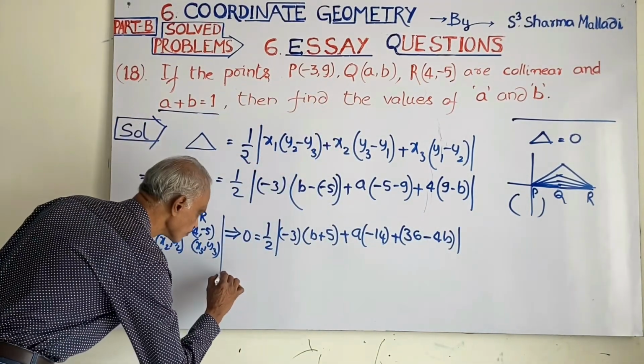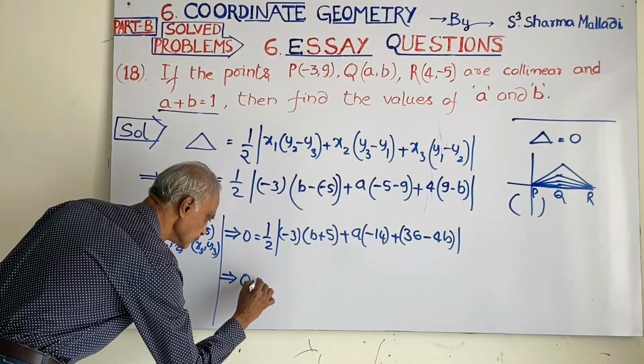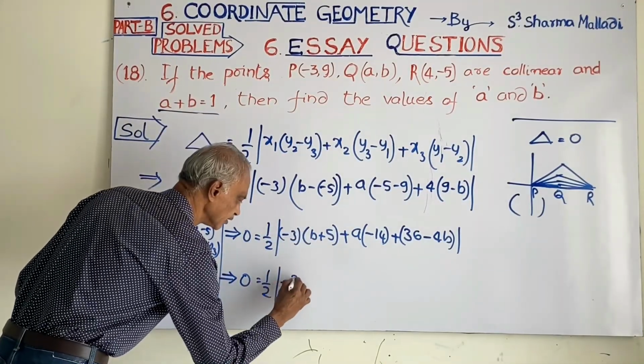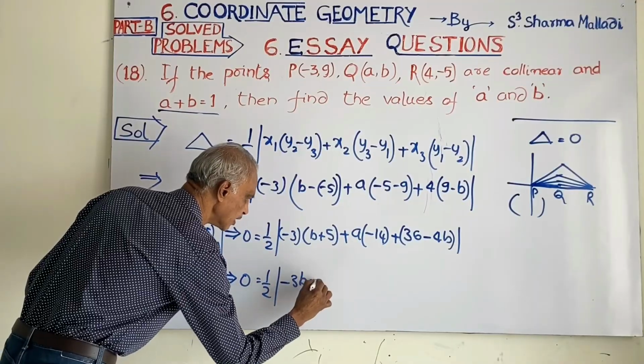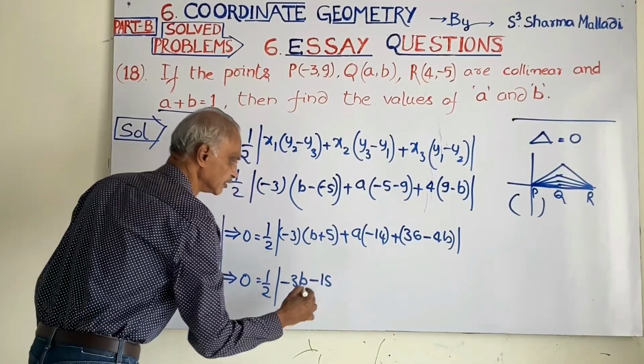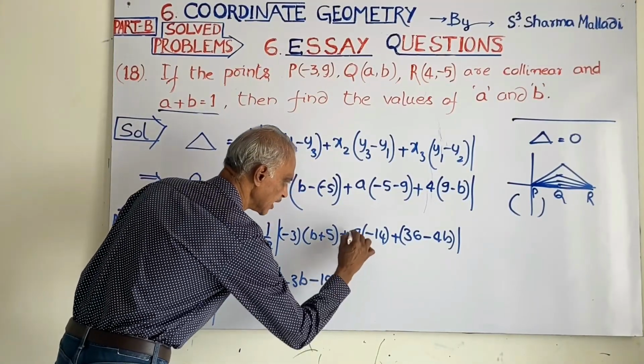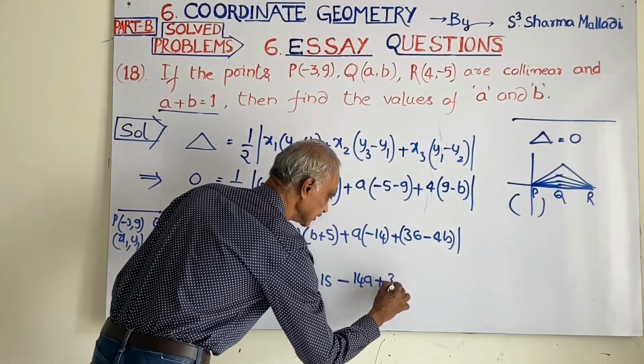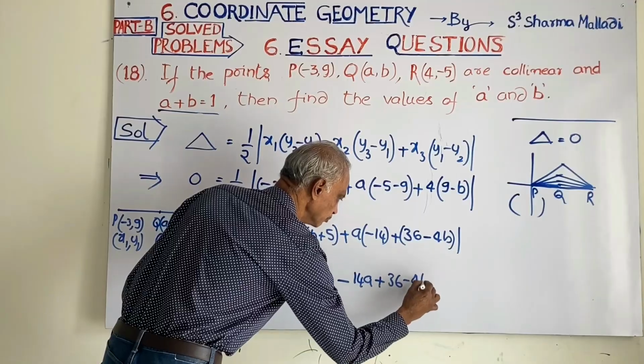Now 0 is equal to half of minus 3b minus 15 minus 14a plus 36 minus 4b.